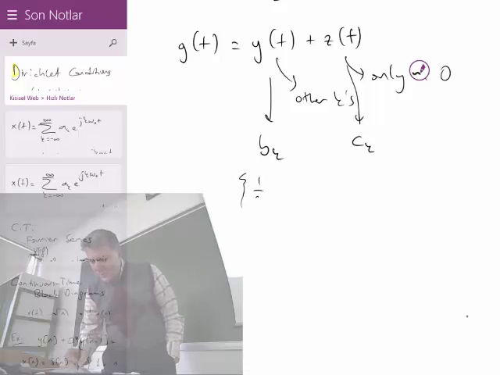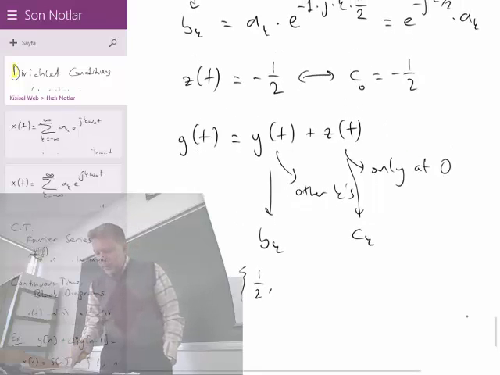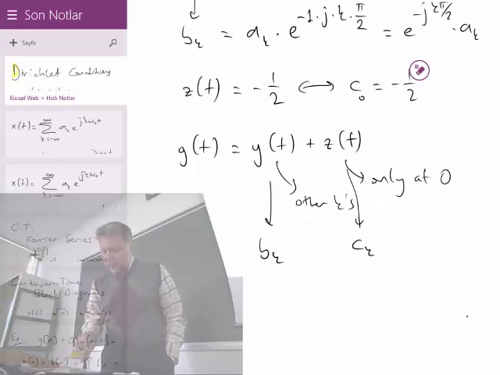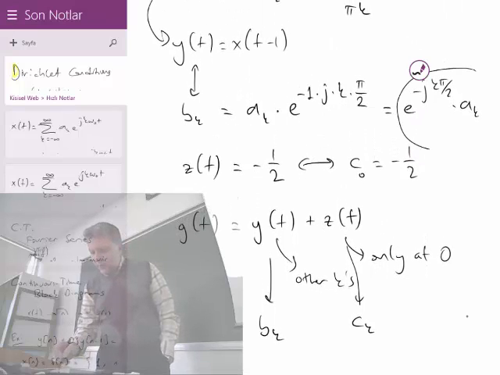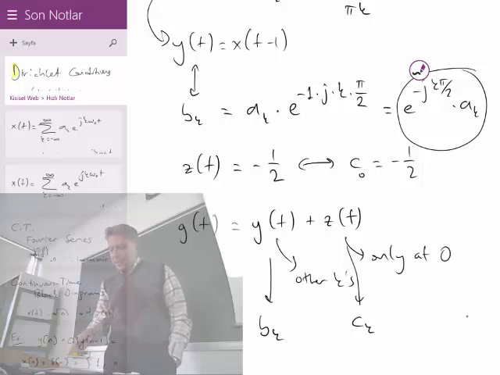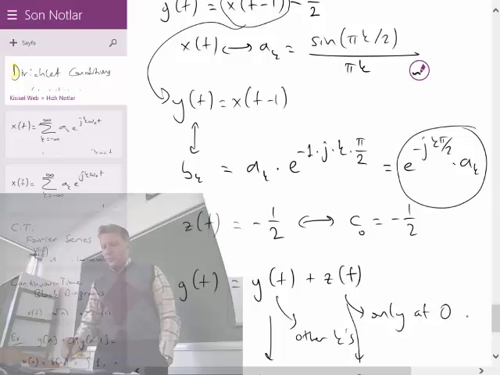These are 1 over 2, well, I need to multiply with the complex exponential. So let's not write them because there are a lot of them. We have already found them here, like this. And we already know a_k is equal to sine pi k over 2 over pi k.